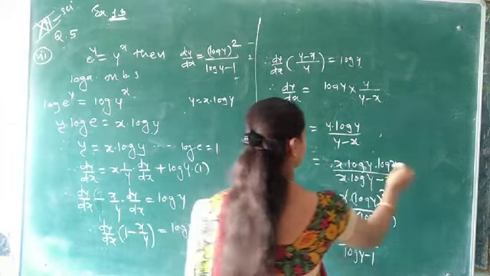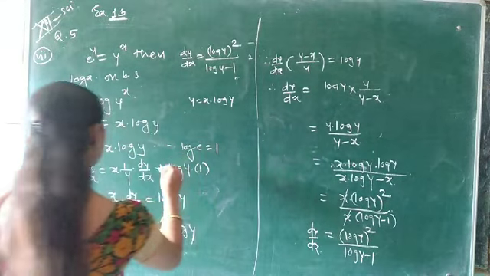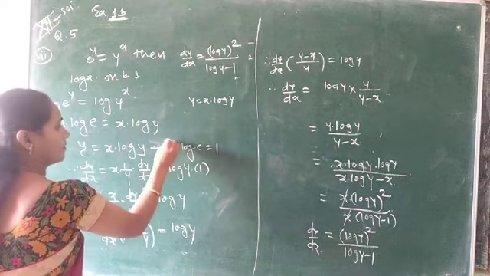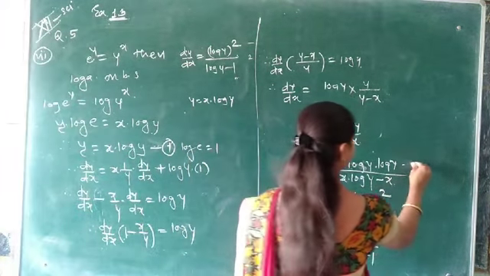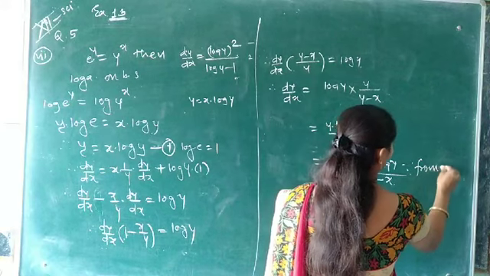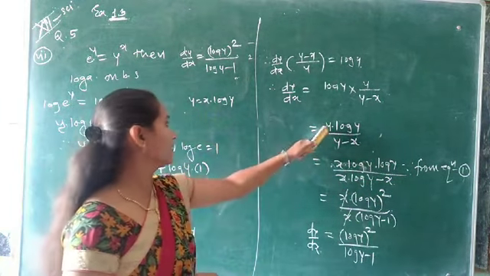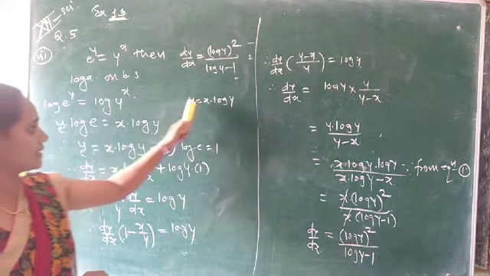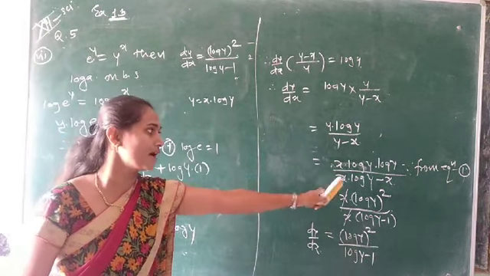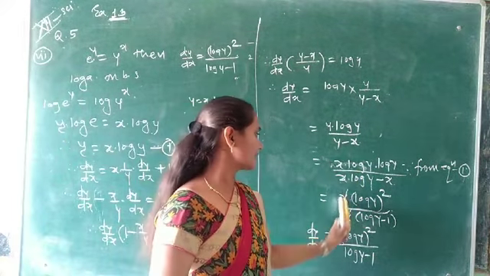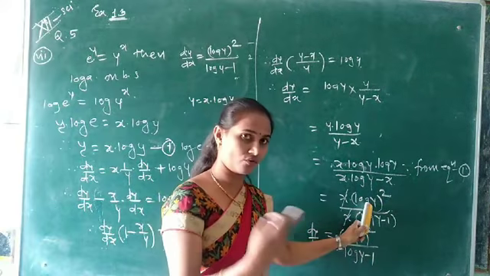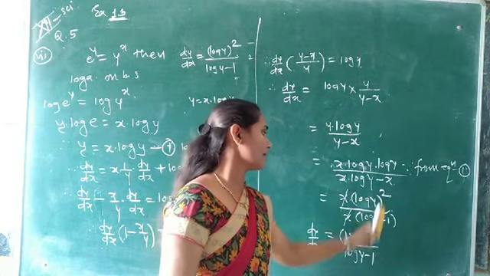Here, instead of 1, we use this, so write here from equation 1. Here we use the value of y, that is y is equal to x into log y instead of y, and then the x will get cancelled here, log y, so (log y) bracket square upon log y minus 1.